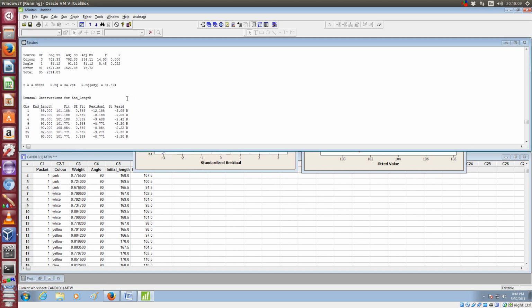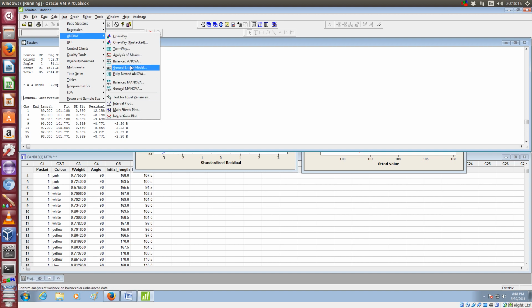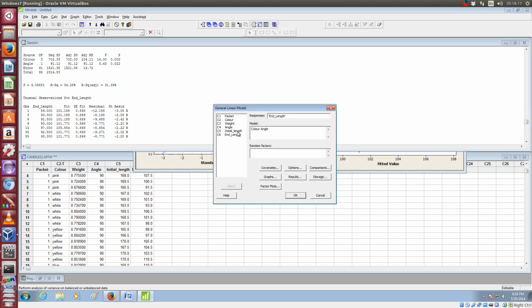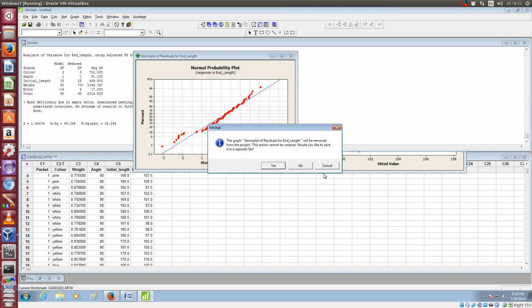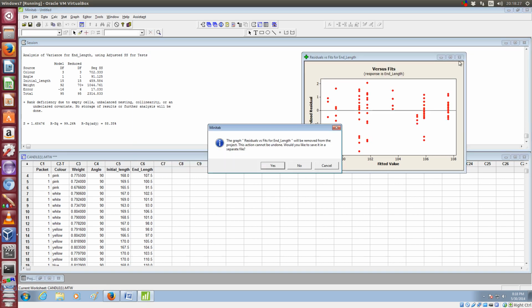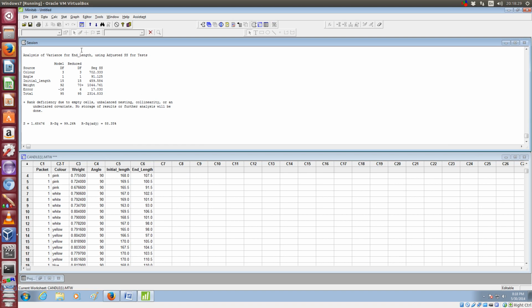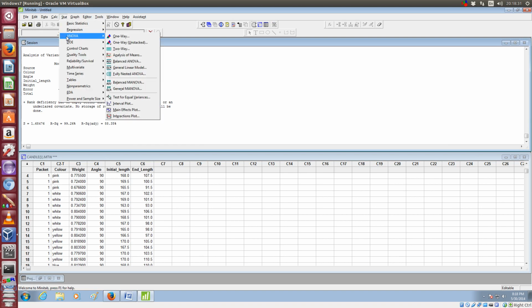So what we can do is we can go back, we can take this output, but we can actually also just go back and do a GLM. We'll put the other variables back in. So it was initial length and weight. Then click OK. And again, we come up with a rank deficiency. So sometimes, unfortunately, with the GLMs, you've just got to play around as much as you can until you find the variables that work.